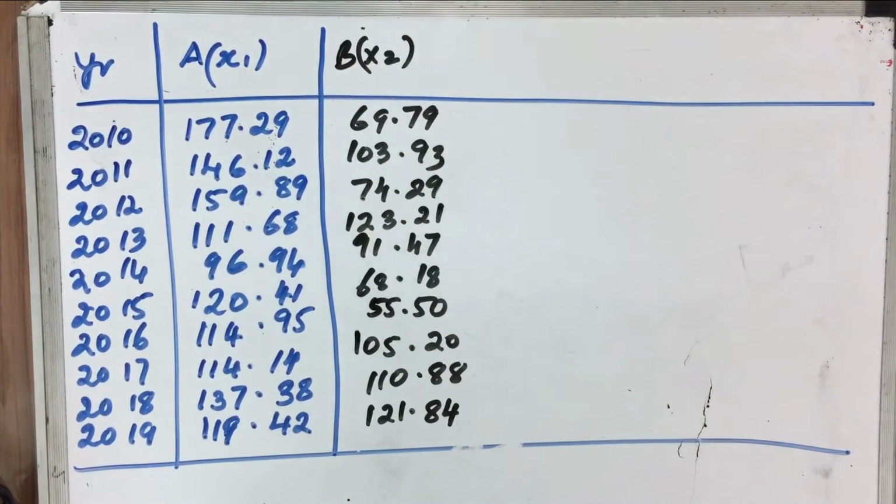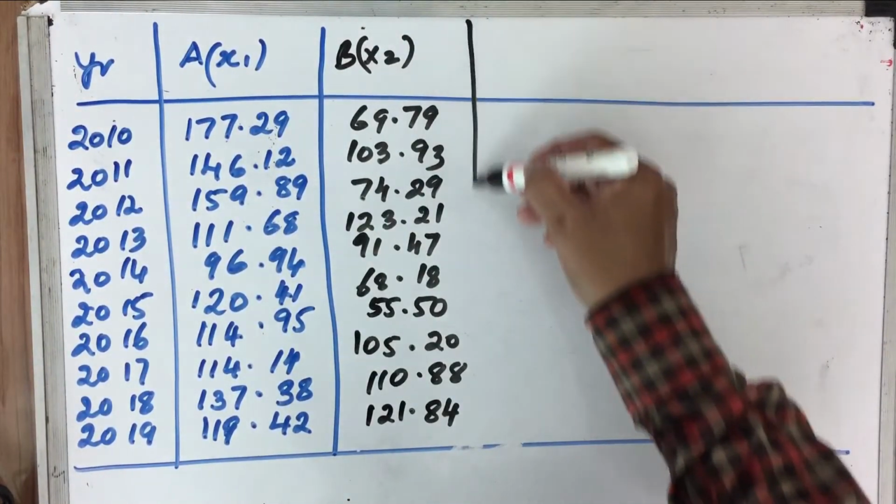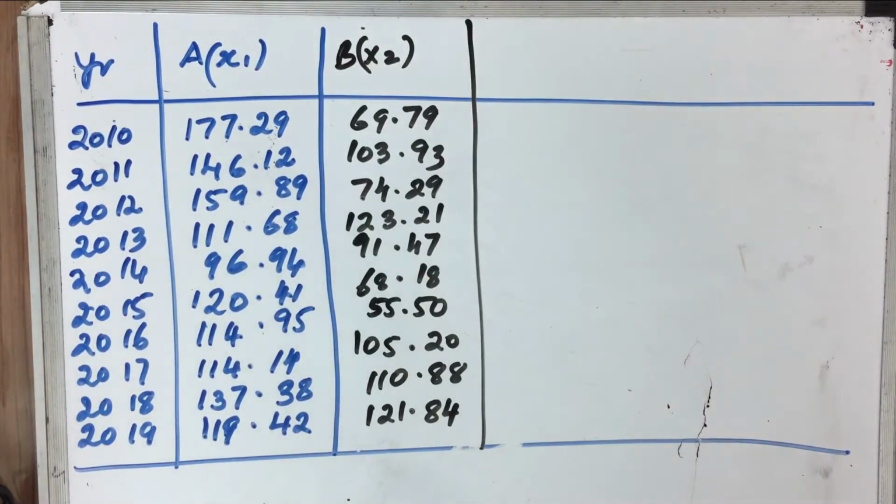What is important for us to see is that there is a pairing. For every data point in 2010 there is a pairing, and for 2011 there is a pairing. Data is available from both villages. This is very important.